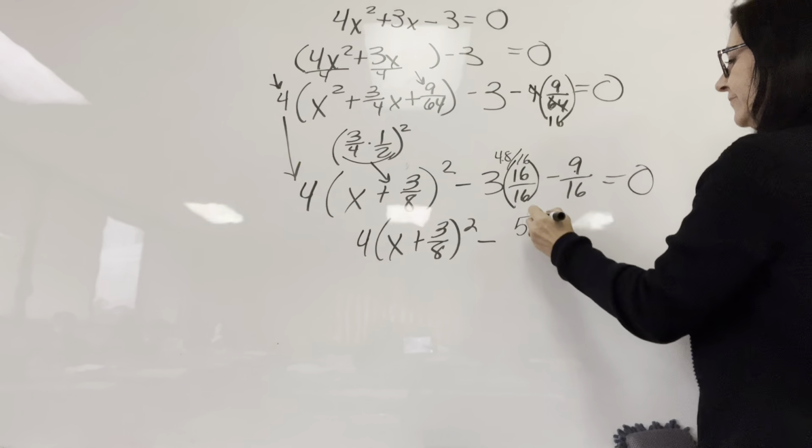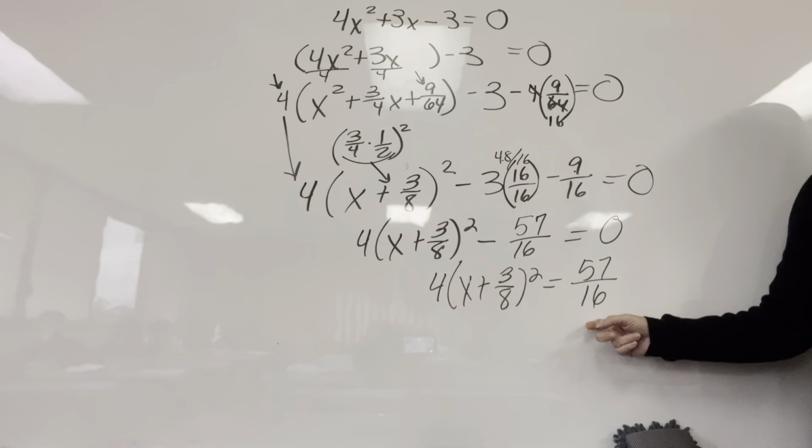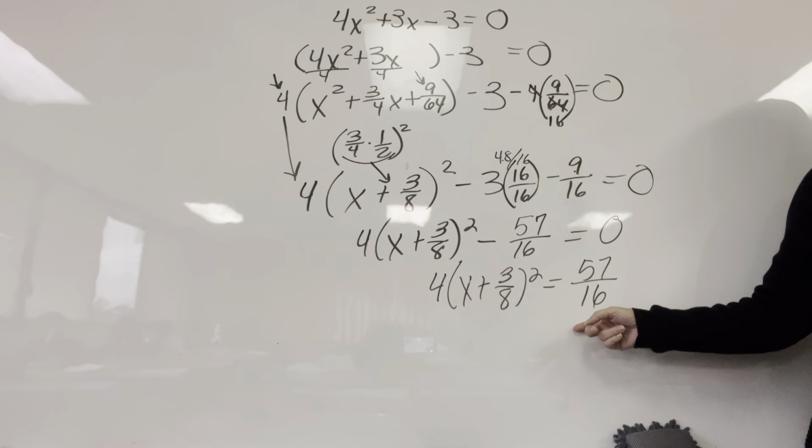Now, because I have a fraction on this side, I want to move the 4. Remember, I want to isolate what's squared before I take the square root. I don't want to leave 4 on this side. So I could divide by 4, but is there another choice that I could do? Instead, yes. You could multiply it by 1/4. That's exactly what I'm going to do.